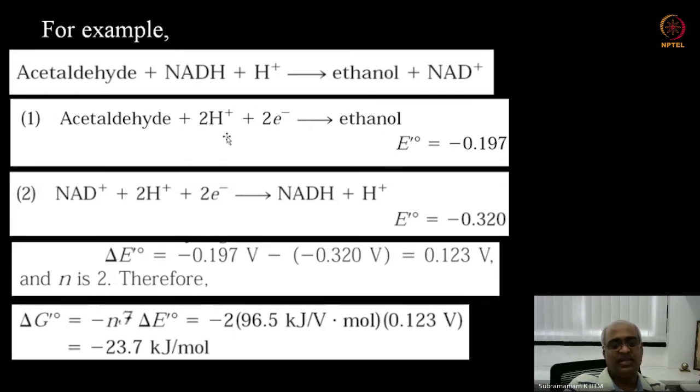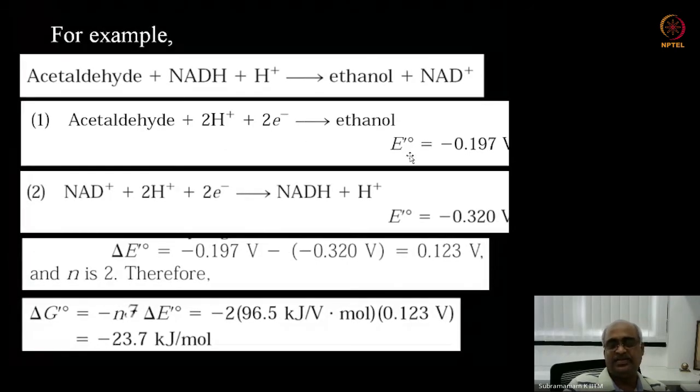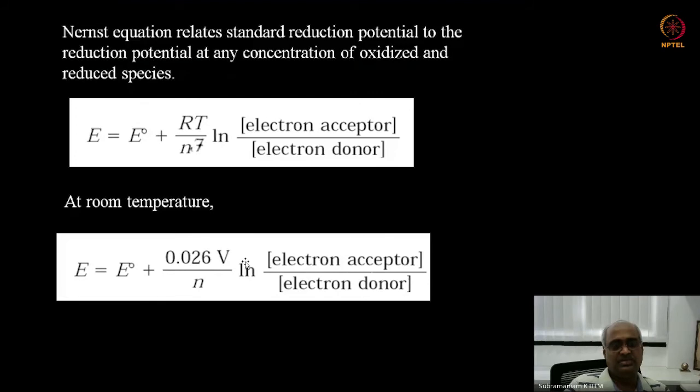Here the transfer is 2 electrons and 2 hydrogens, so the number of electrons n in that equation will be 2. The standard reduction potential at pH 7, meaning these two are at 1 molar and the pH of the solution is 7, is this value, calculated using this equation.